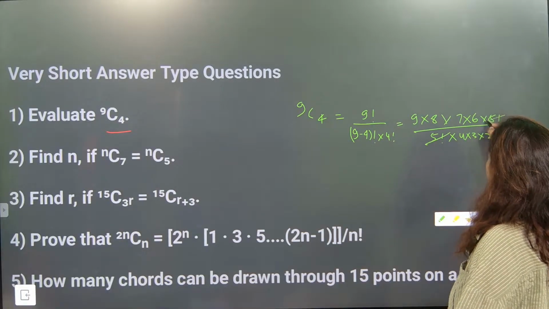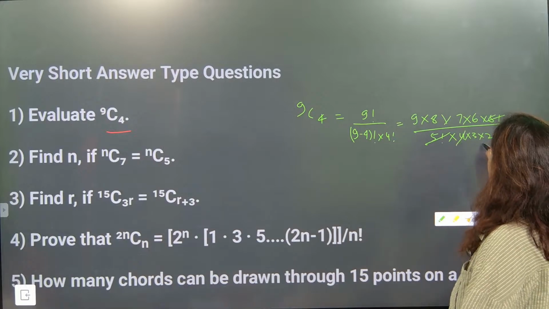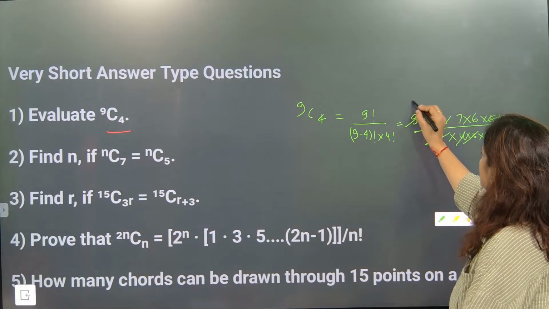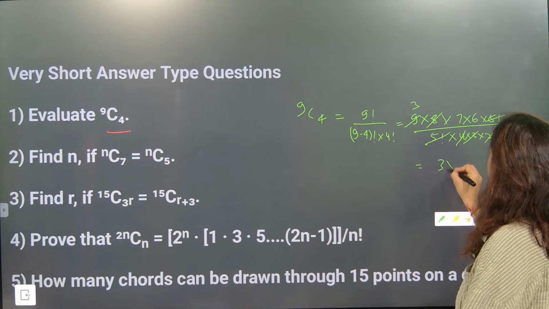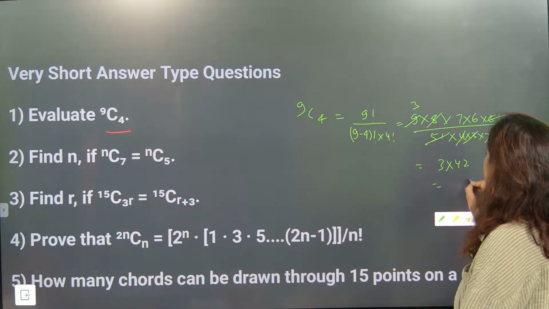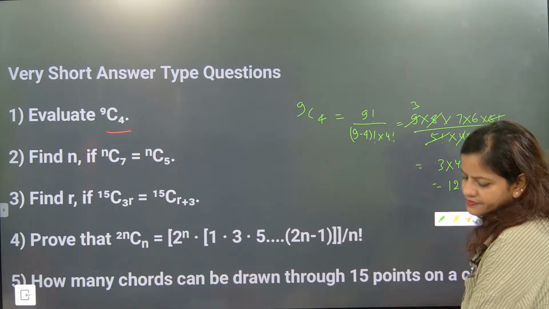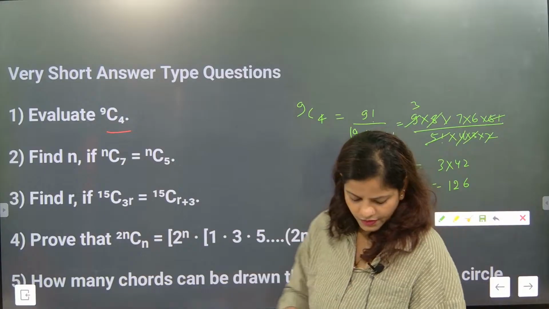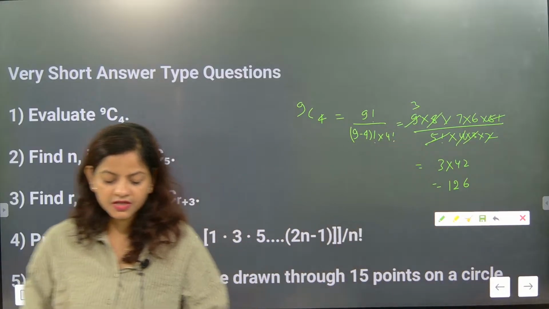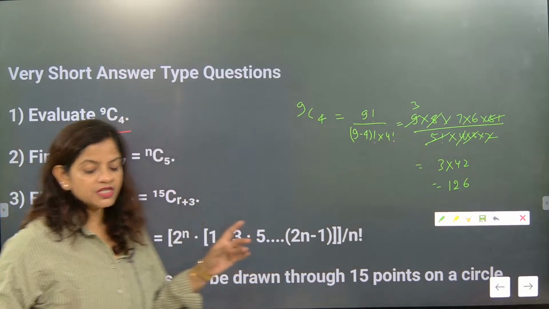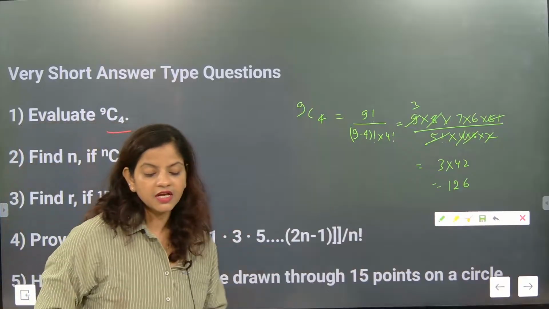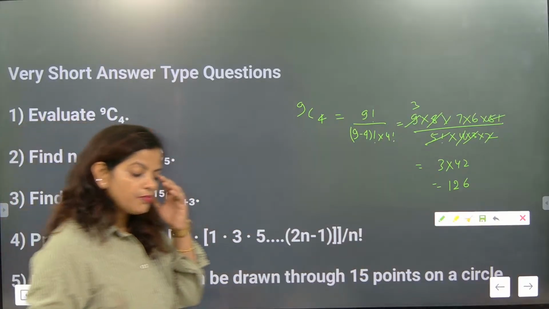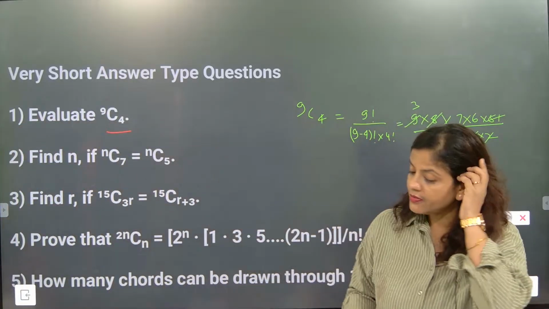So 5 factorial is done, 4 and 2 cancel 8, 3 and 3 cancel. So it is coming 3 into 7 into 6, which is 126. This is exactly a question for combination. Combination C written means combination.